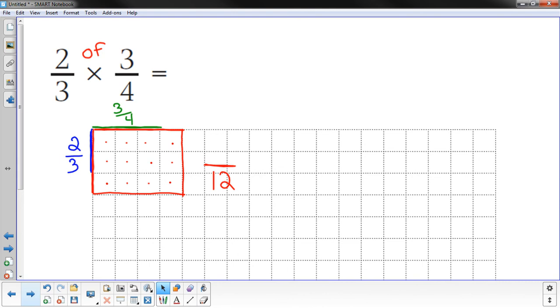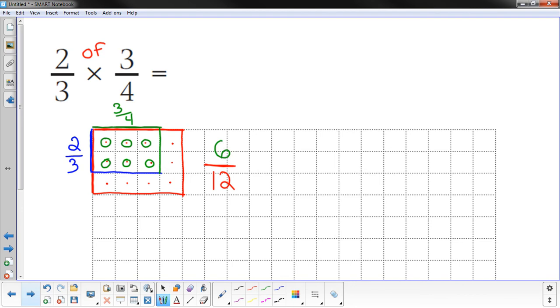And again, if I bring this across right there, and I bring the other one down like that, I form a smaller rectangle where the two numerators meet, and those 6 squares is my numerator answer. So I have 6/12.